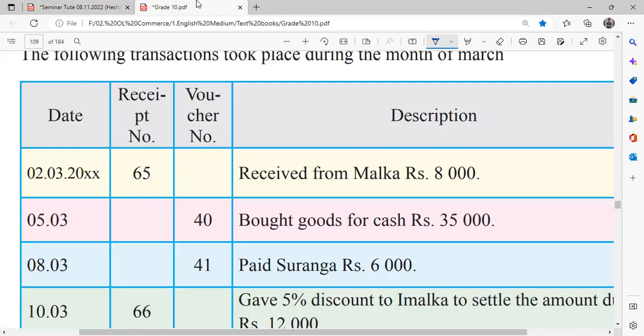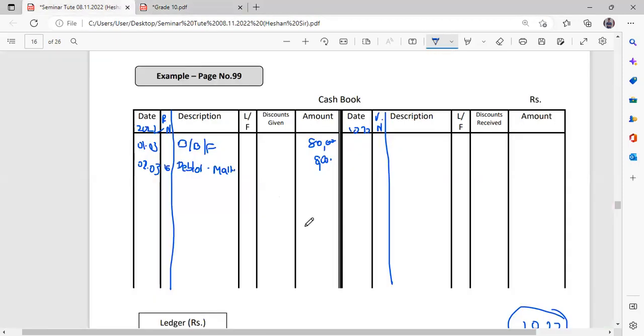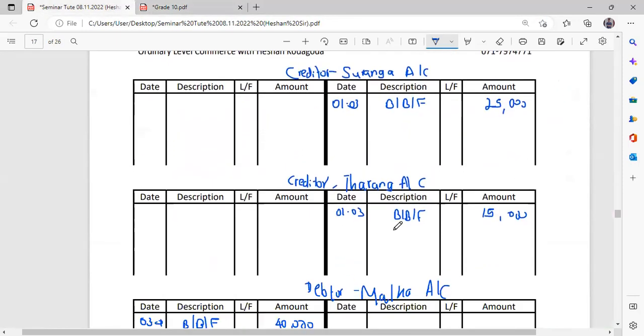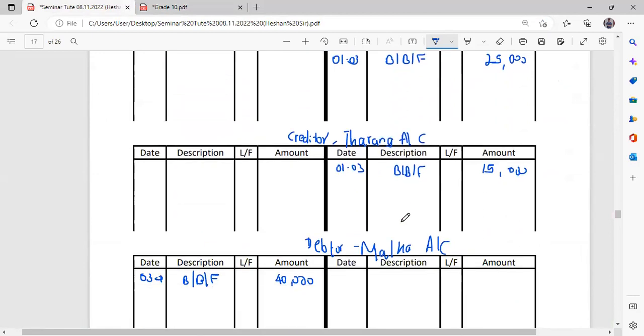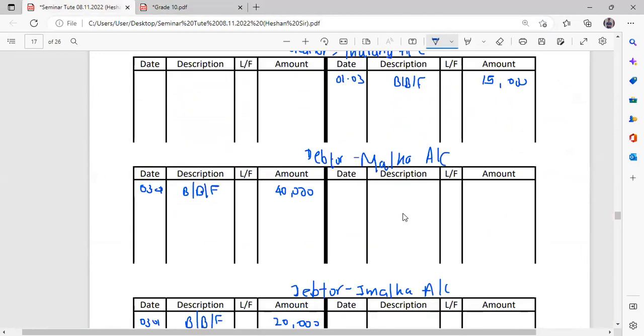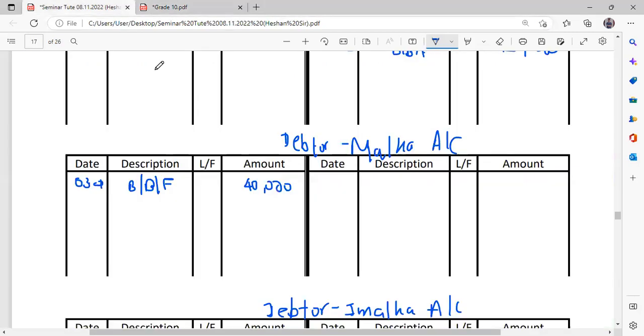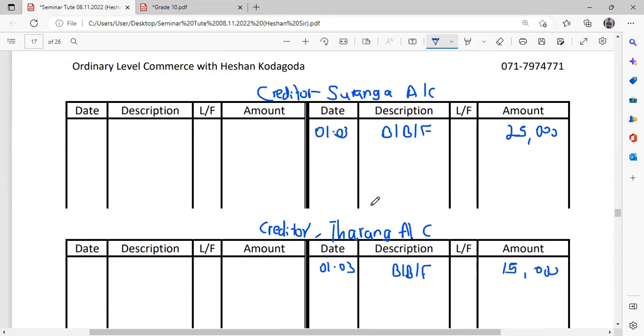So cash book debit, Malka's account credit. Malka is a debtor account, right?